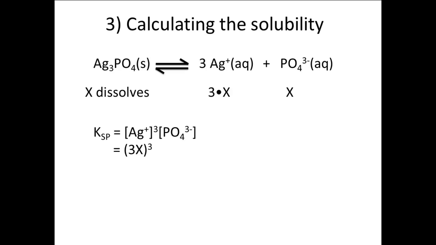On the other hand, the 3 of the 3X is there because we started with the solid. And when the solid dissolves, we get 3 silver ions for every silver phosphate that dissolves. If we do not start with the solid, then the amount of silver ion will not necessarily be 3X.